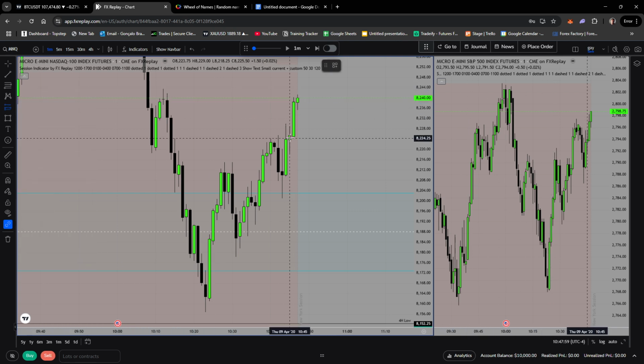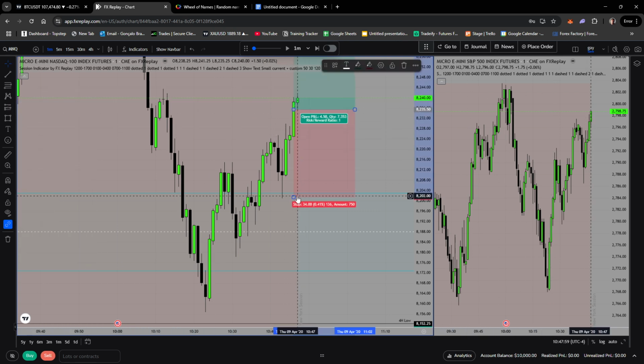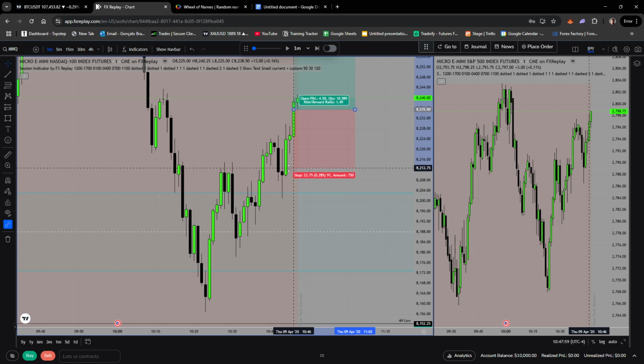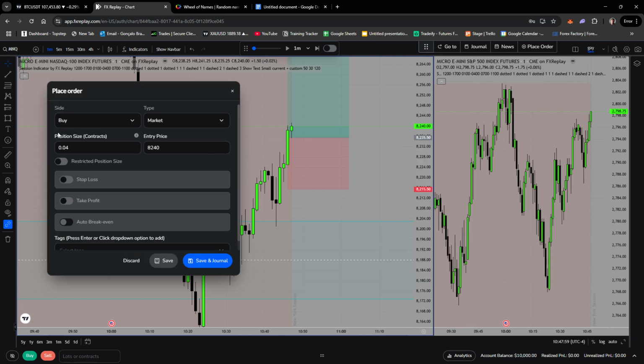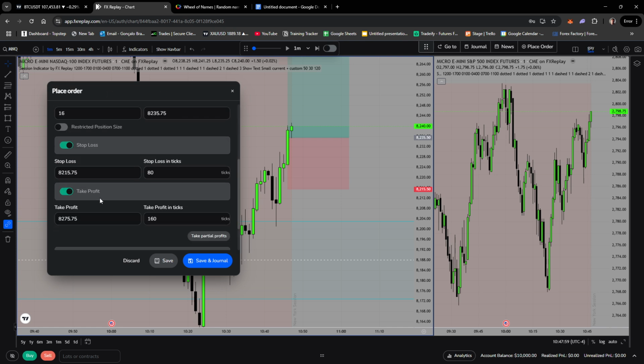I'm going to try this. If we tap this gap. Okay. So we got the stop loss right under that fair value.